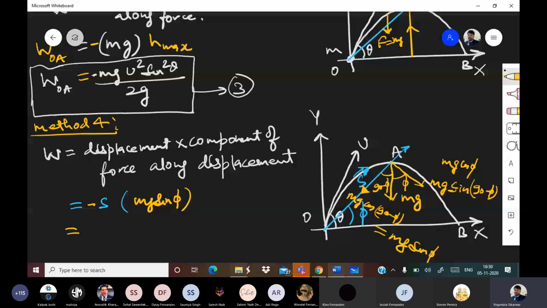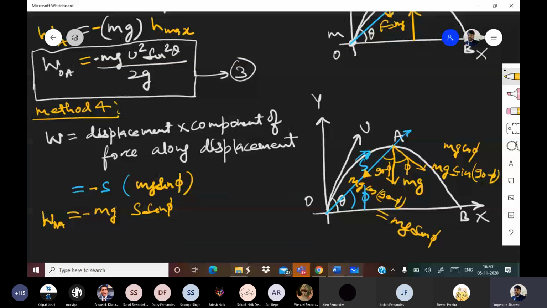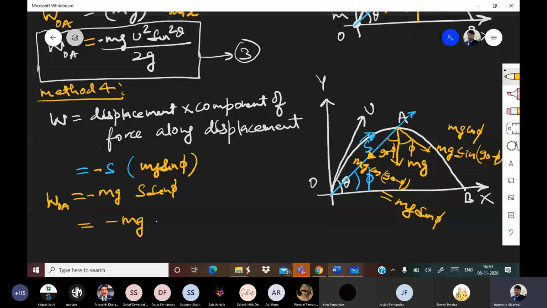S sine phi we have already done is h max. So minus mg into h max. So W OA will be minus mg u square sine square theta upon 2g.